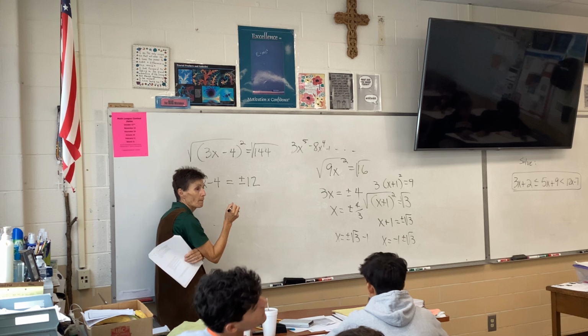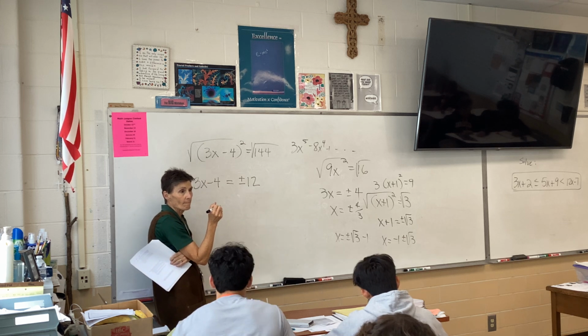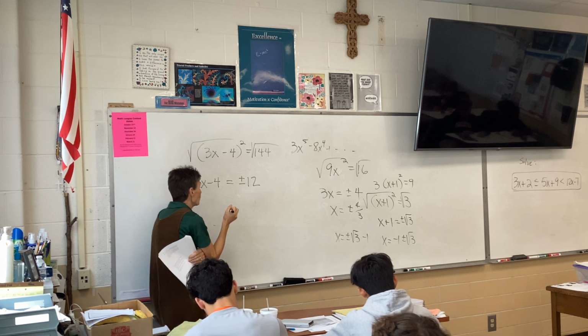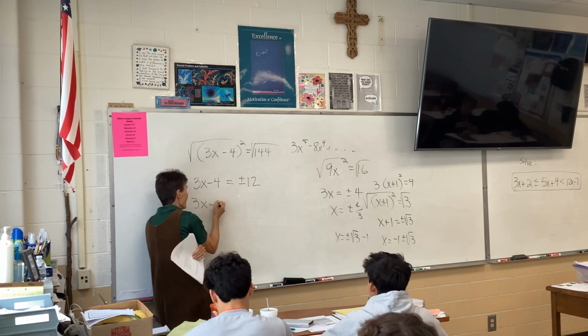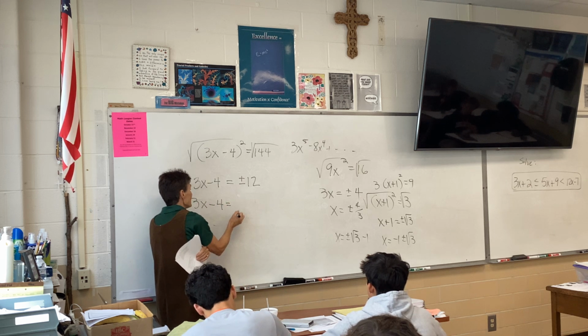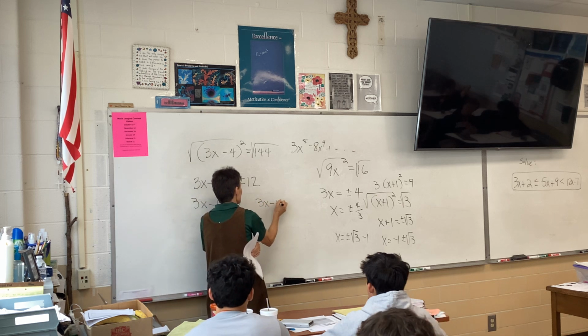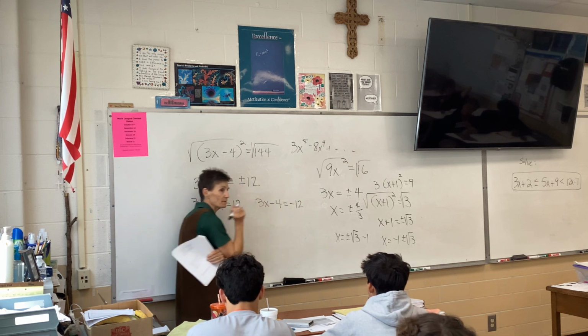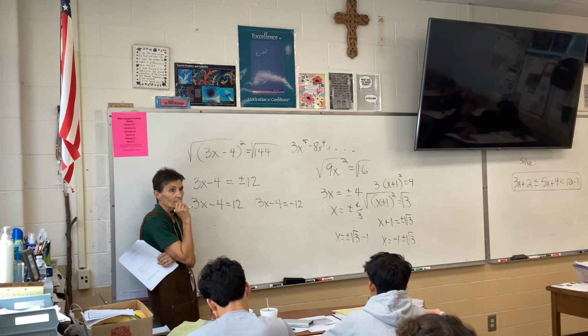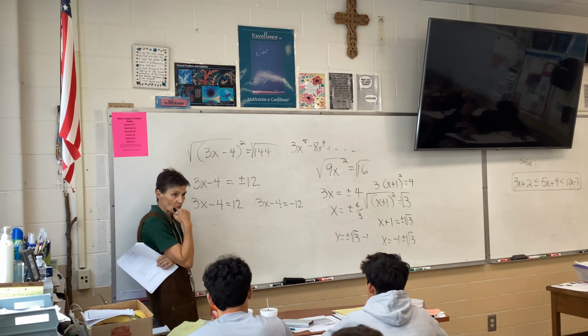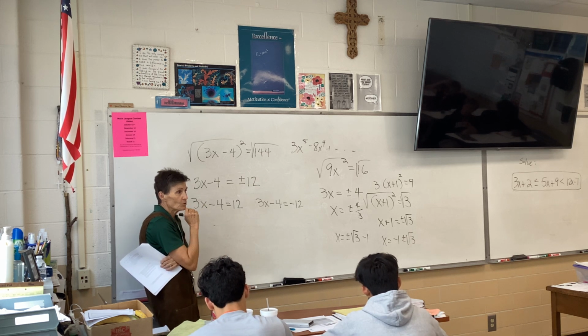Yeah. So 3x minus 4 either equals 12 or 3x minus 4 equals negative 12. Does that make sense to you? So now I have two equations to solve, and therefore two answers.